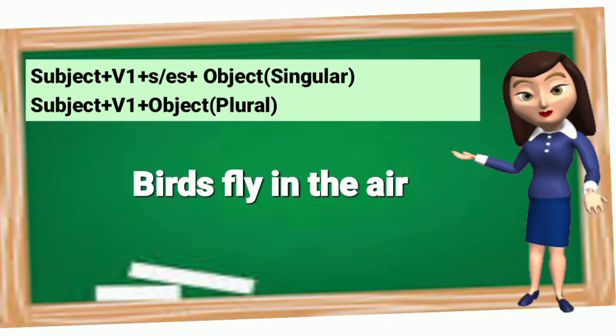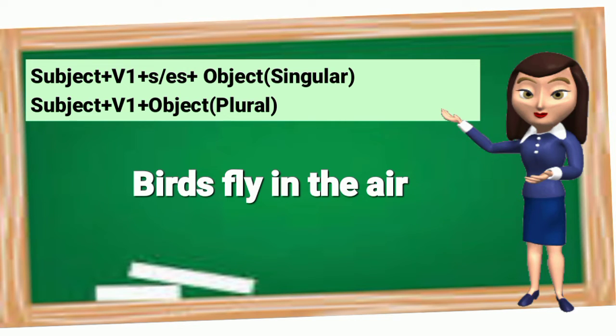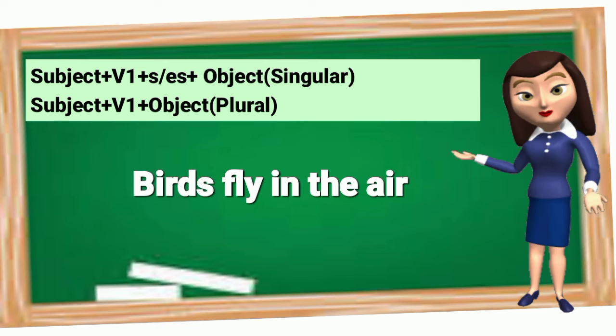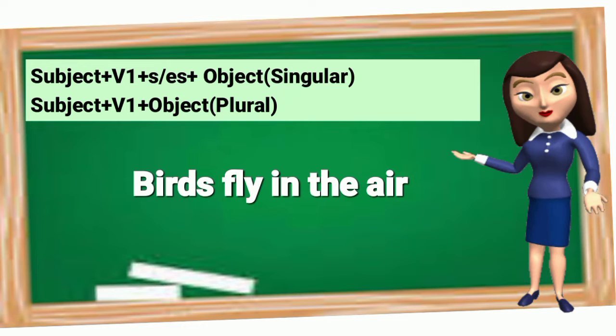We use singular if our subject is only one. But the subject in my example has an S. So, birds fly in the air. That is plural. So those are the rules of simple present tense.